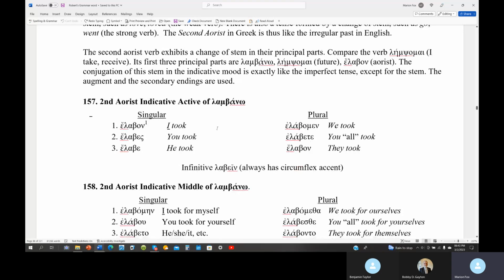Okay, lambano. Elabon, elabes, elabe, elabomen, elabete, elabon. Now I want you to notice something here, and I think it's significant. Elabon, elabon: first person singular and third person plural have exactly the same form.